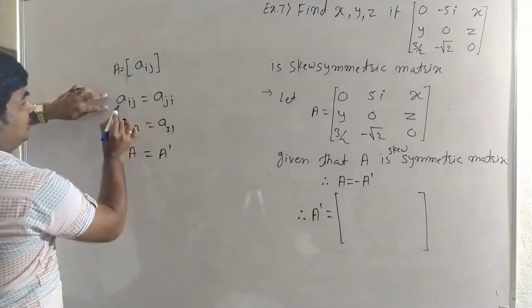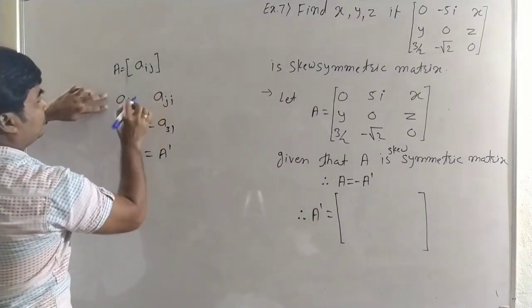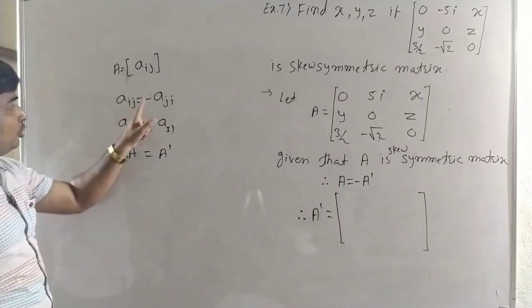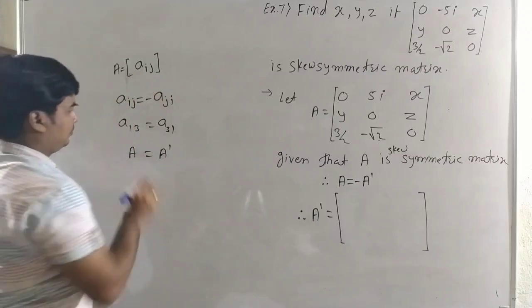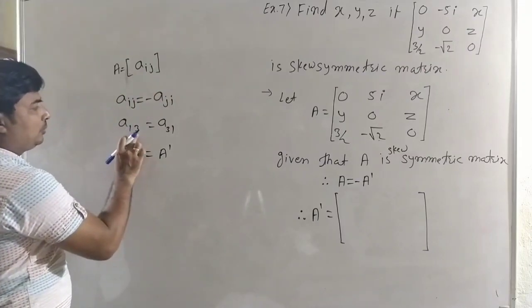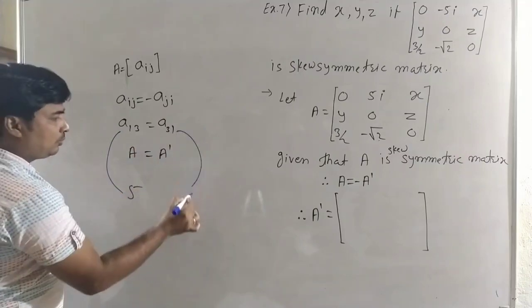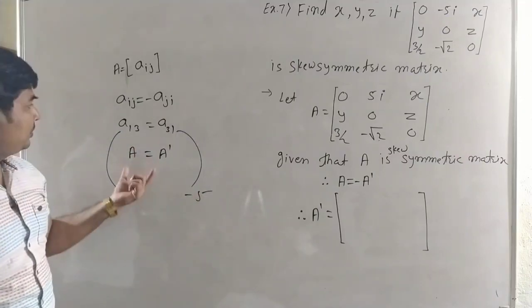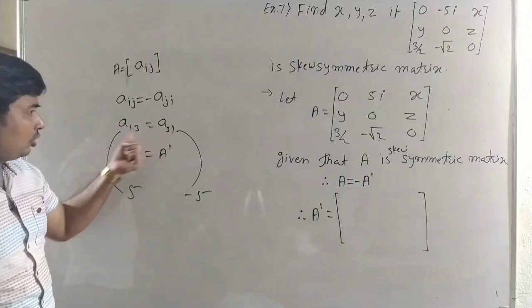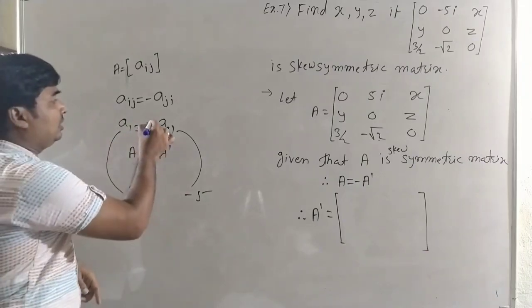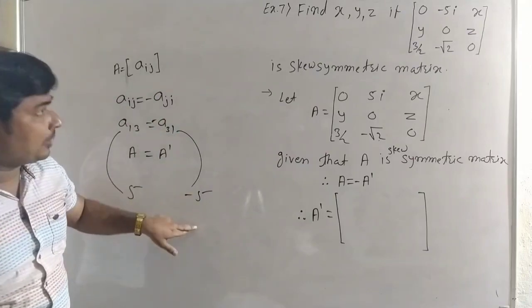Here A is a matrix, then for the skew symmetric matrix, Aij is equal to minus Aji. That means if the 1 3 position element is 5, then the 3 1 position element is minus 5. A13 is first row third column. If the first row third column element is 5, then the third row first column element is minus 5.